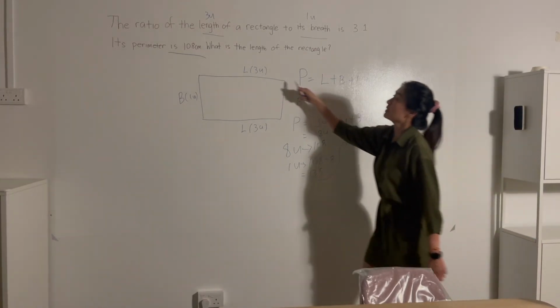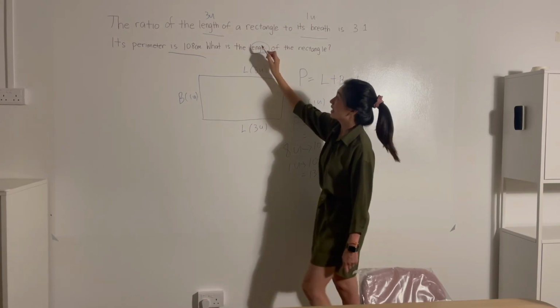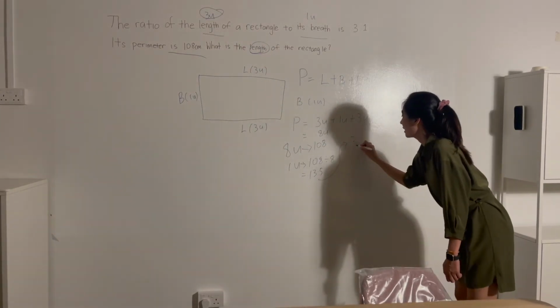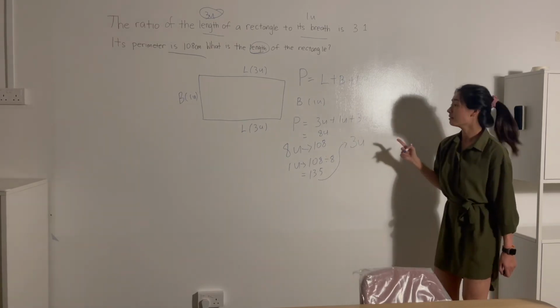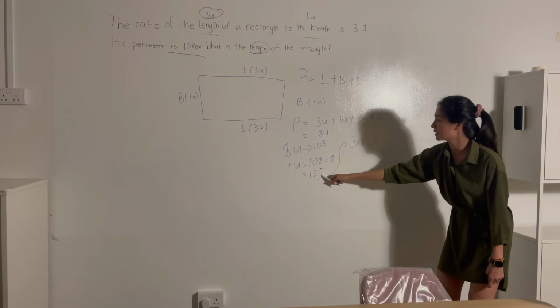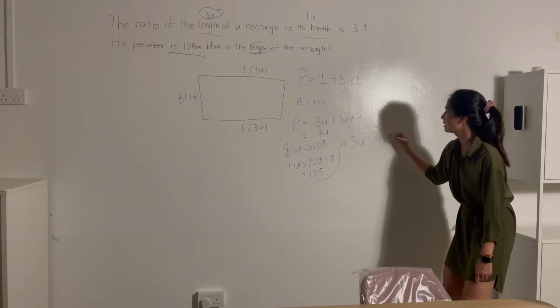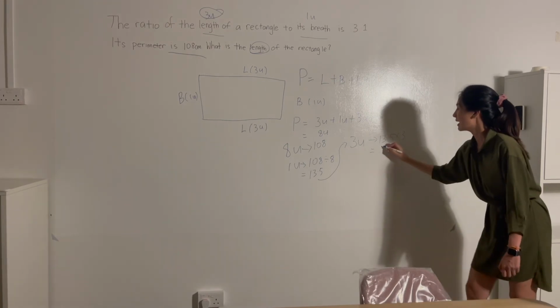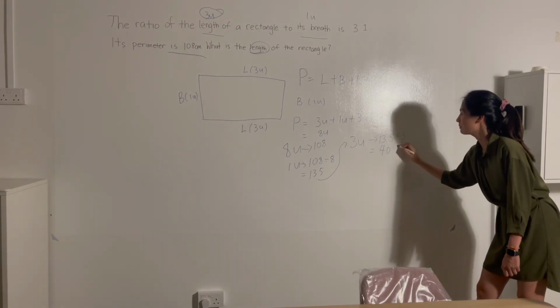The question wants me to find the length, and I know that the length is 3 units. So I will move on to find the value of 3 units. Just use what you have found here, 13.5, and multiply by 3. You will be able to get your final answer as 40.5.